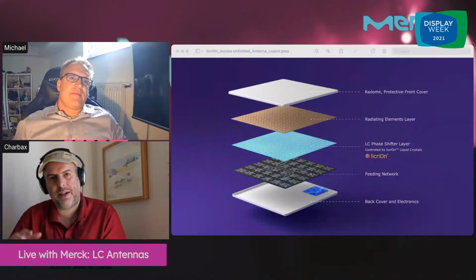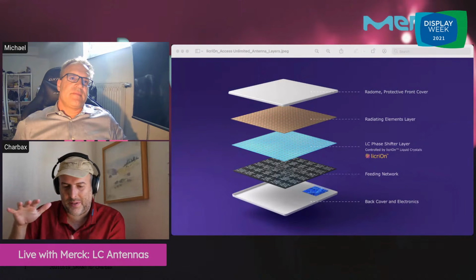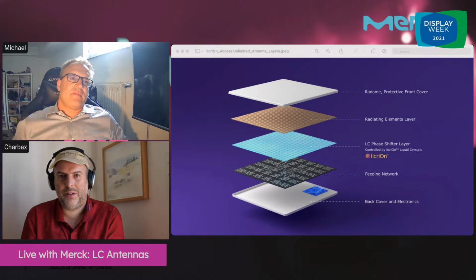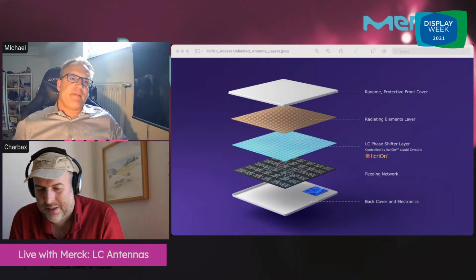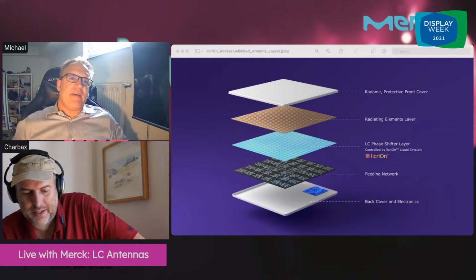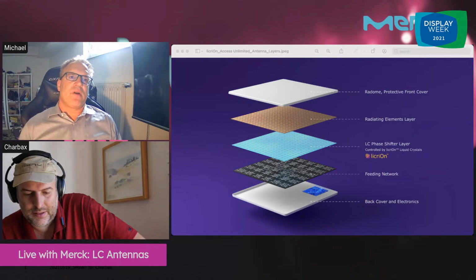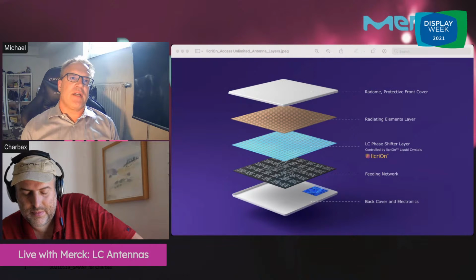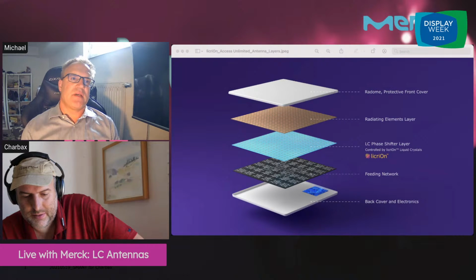And Merck is really at the top, the expert in providing this material. I think Merck commercialized these liquid crystals for displays. And it was a huge success, and it still is a big success.